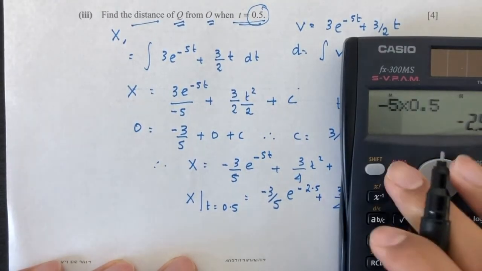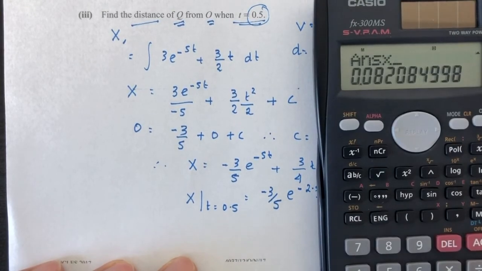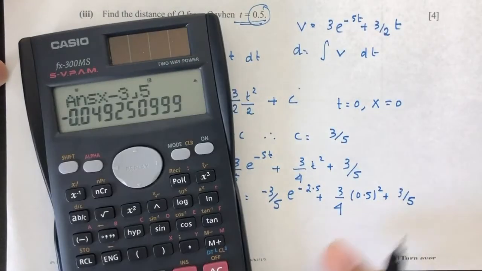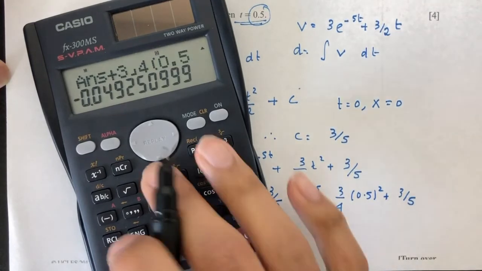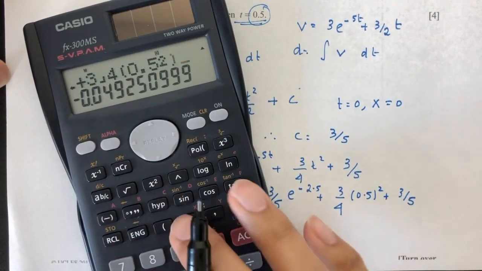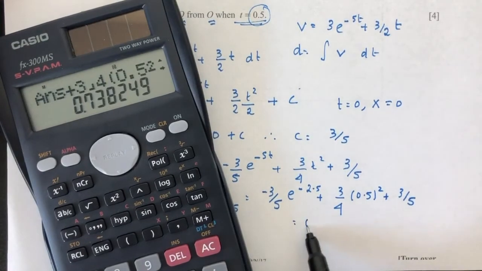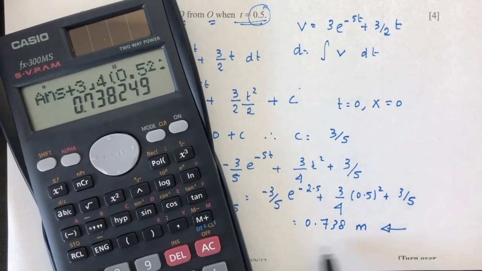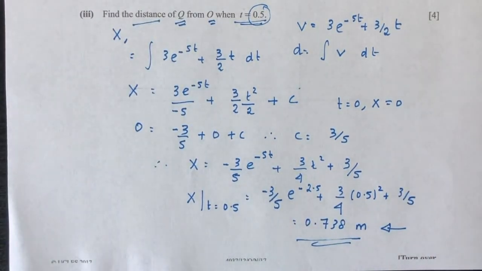So let's simplify. e to the power of the answer times -3 over 5, and then plus 3 over 4 times 0.5 squared, and then plus 3 over 5. That will give me 0.738 meters. This will be my answer for part 3. And this is question number 9.